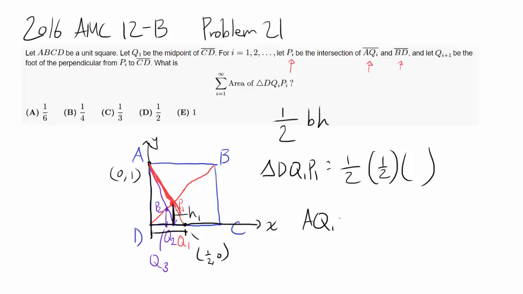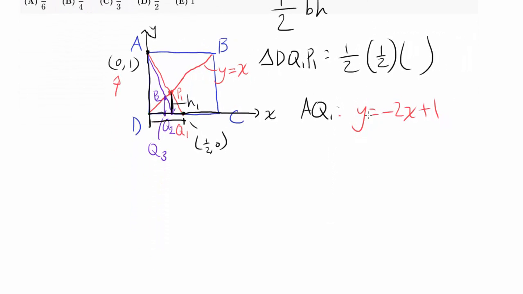The slope is (1 minus 0) over (0 minus 1/2), which is negative 2. Let me use y equals mx plus b. Our y-intercept is 1, so y equals negative 2x plus 1. And you know the equation of DB is simply y equals x. So what's the intersection of AQ1 and DB, y equals x?